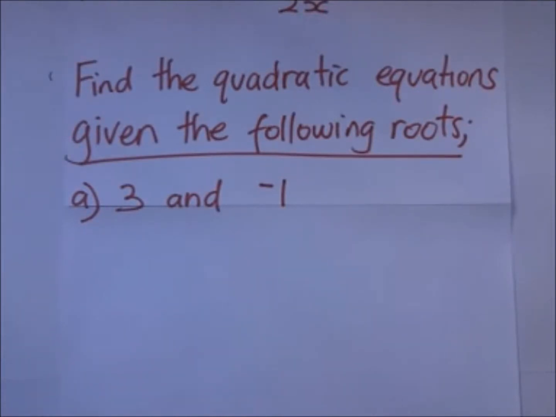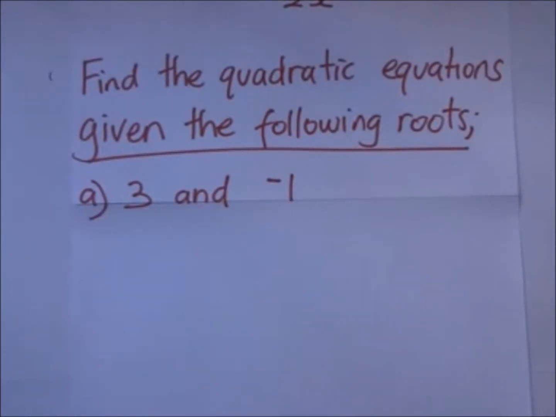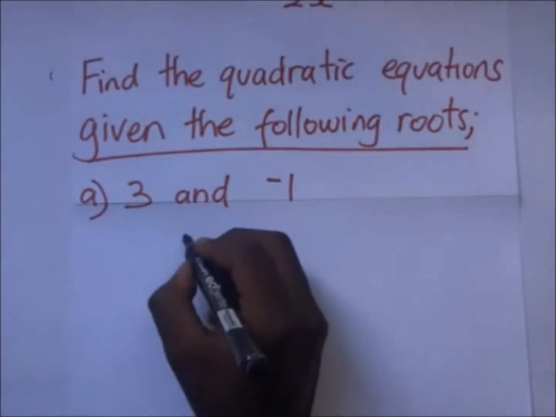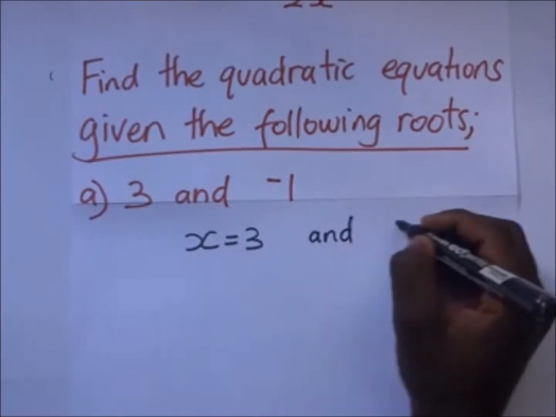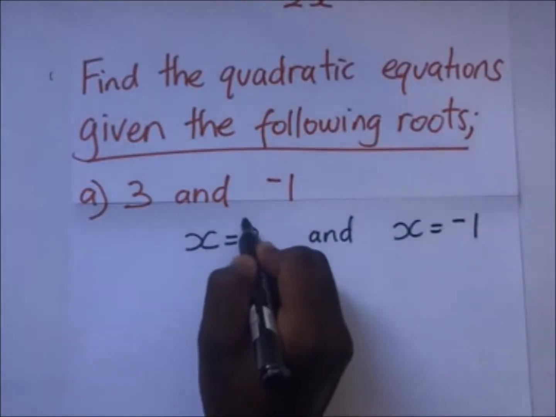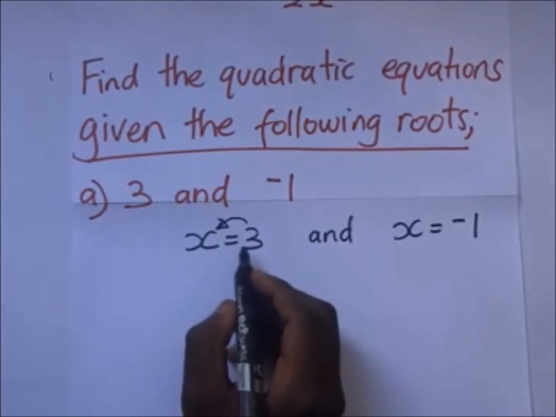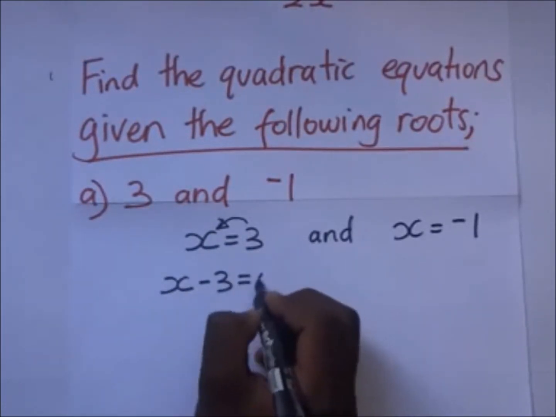So let's find the quadratic equation when the roots of that equation are 3 and negative 1. Now, when the roots of this quadratic equation are 3 and negative 1, it means that at first the value of x was 3 and also the value of x was negative 1. So we shift that 3 back here, and of course when it crosses the equal sign, it becomes x minus 3 is equal to 0.